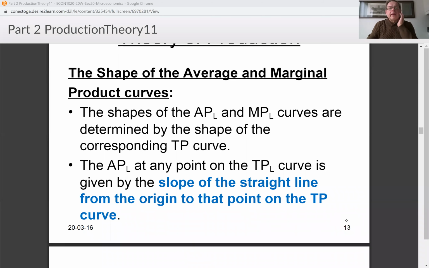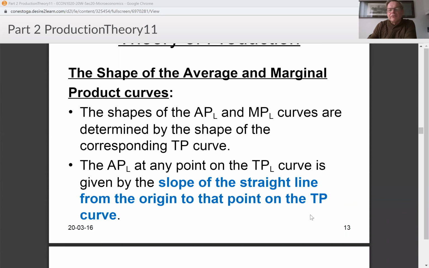The shape of the average product of labor and the marginal product of labor curves are determined by the shape of the corresponding total product curve. The average product of labor at any point on the total product curve is given by the slope of the straight line from the origin to that point on the total product curve.